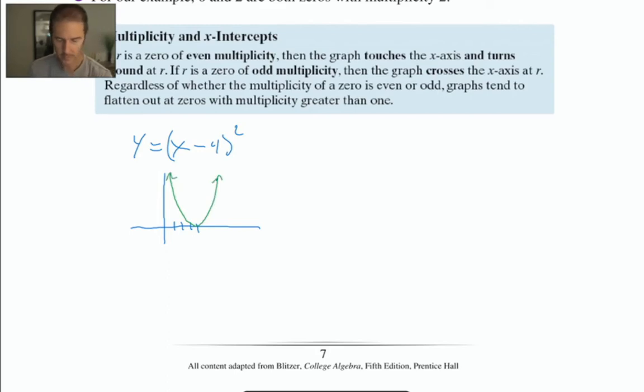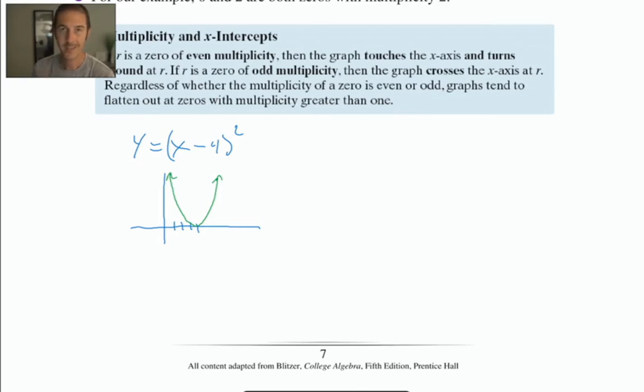That looks like this. This function only has one zero. The x value of 4 would cause this equation to equal 0. So 4 is the only zero. What is the multiplicity of that zero? Say 2. 2. Very good. It's 2. Nice. So 4 has a multiplicity of 2.